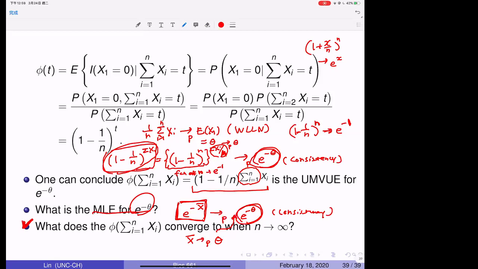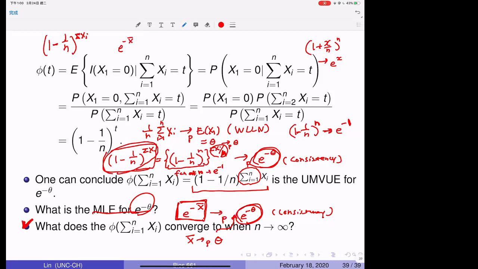So my question to you, think about it a little bit: I have two estimators. Estimator number 1 is unbiased and consistent, and estimator number 2 is the MLE right here.